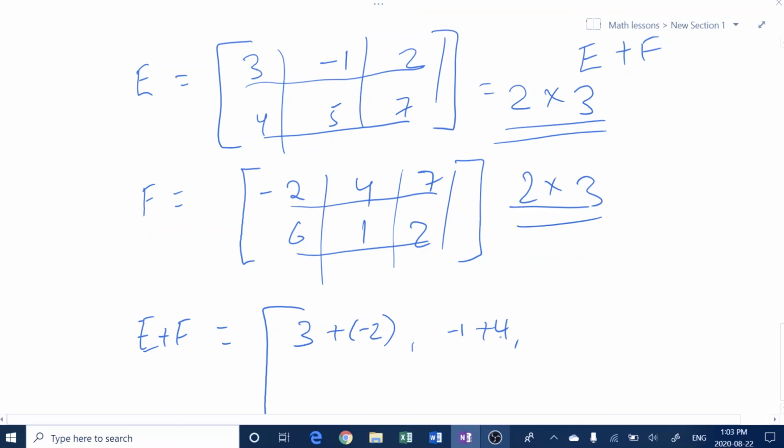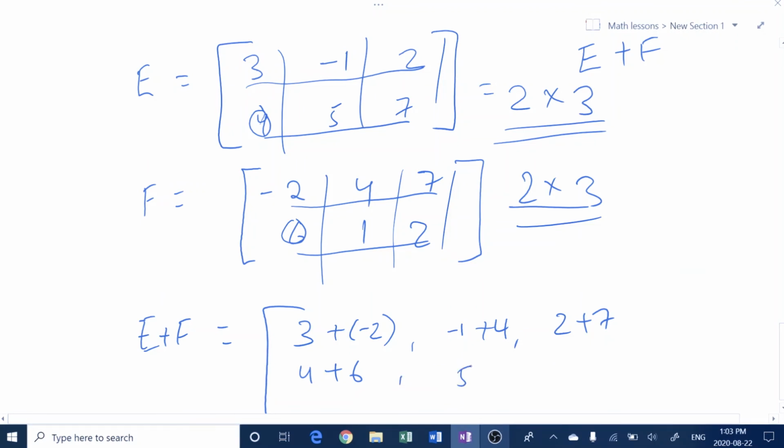The third one is 2 plus 7. The second row is 4 plus 6, then 5 plus 1, and lastly, 7 plus 2.